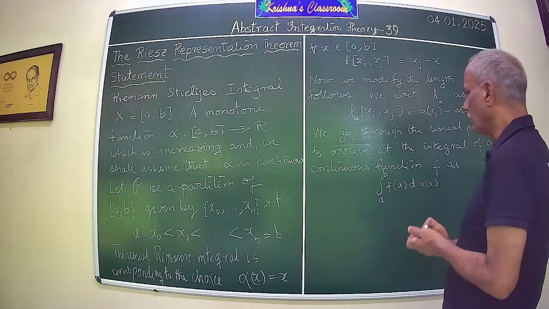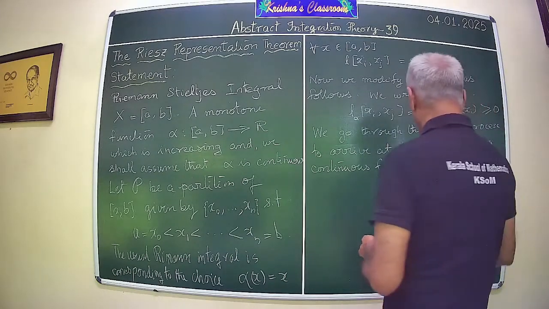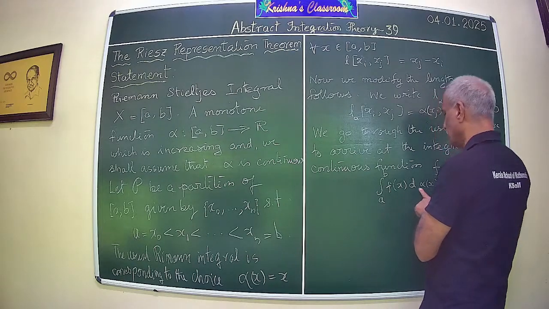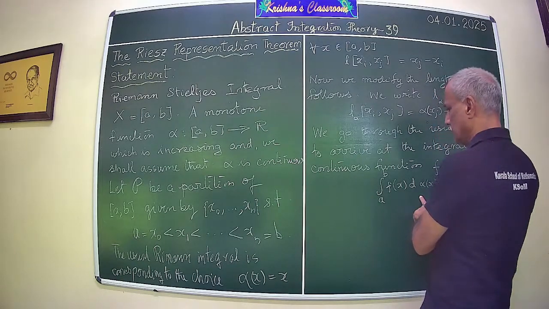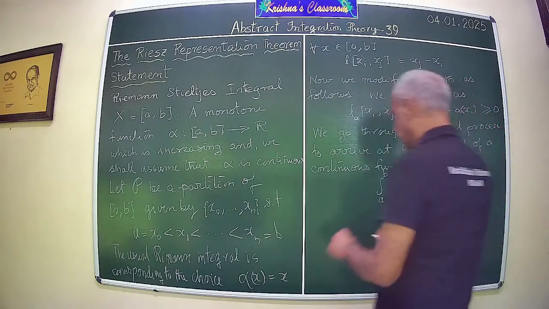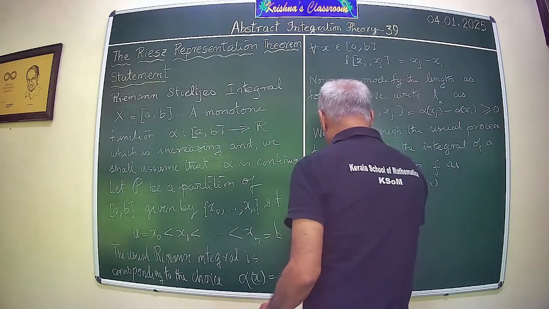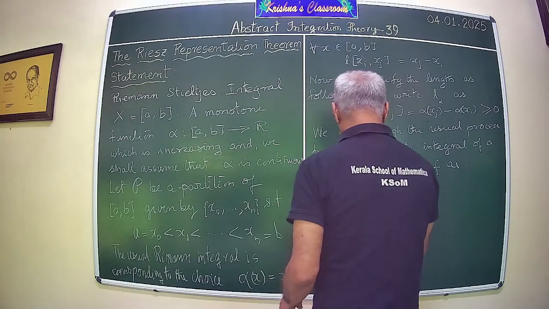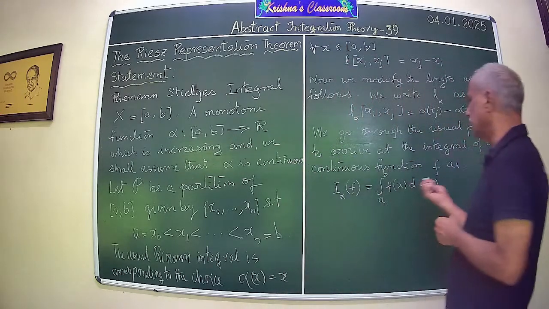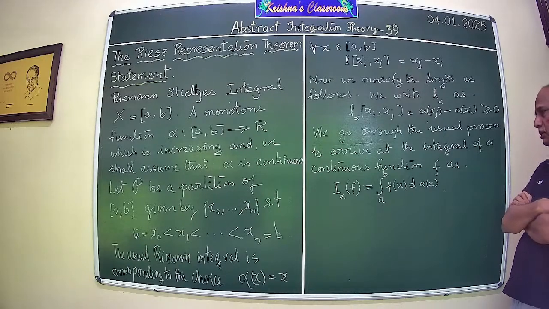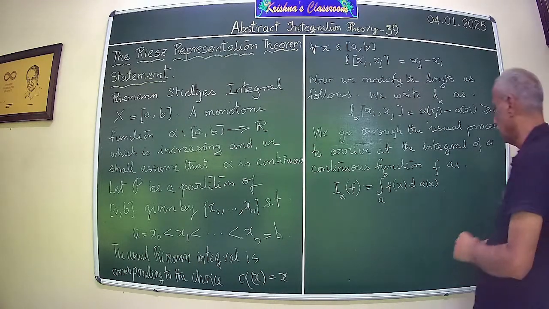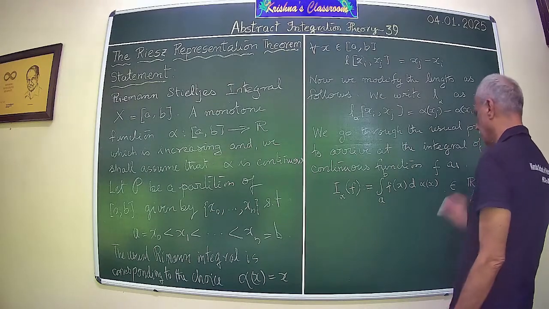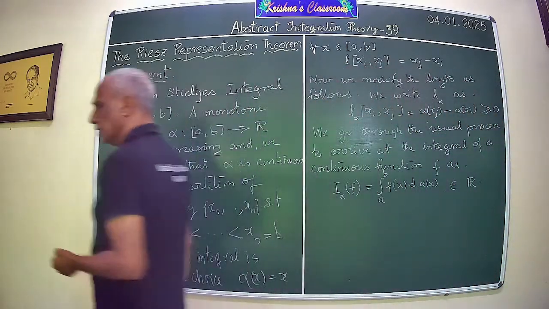Therefore you see that you compare this with, suppose alpha of x is identically equal to x, what will happen? You will get the usual integral. What is this? This is something that belongs to the real numbers, if you are using a real valued function.